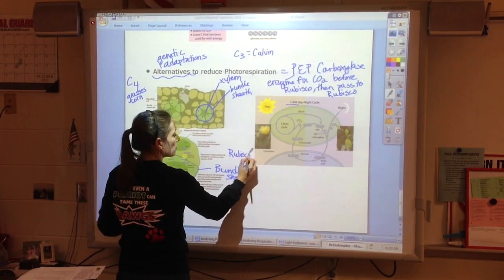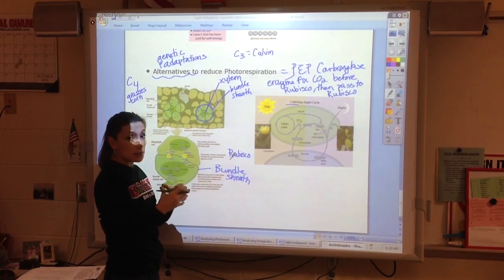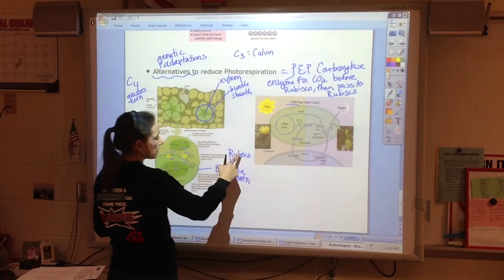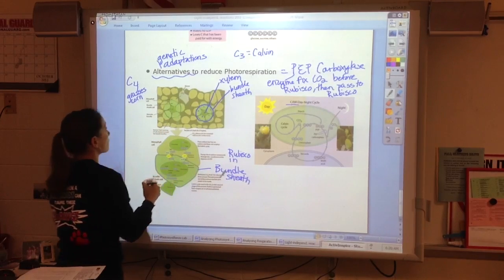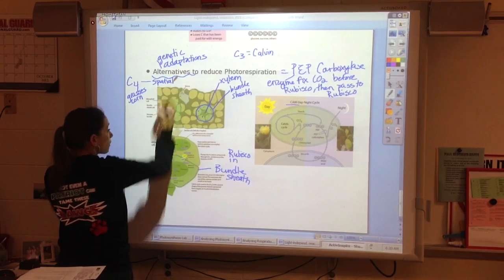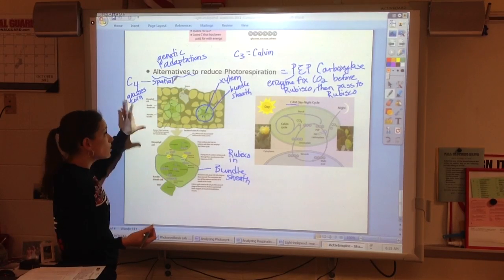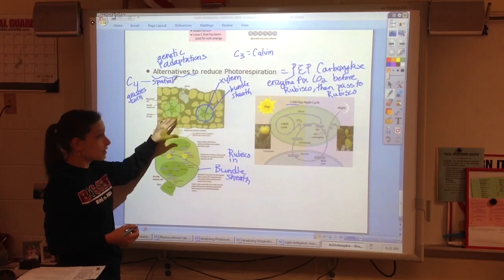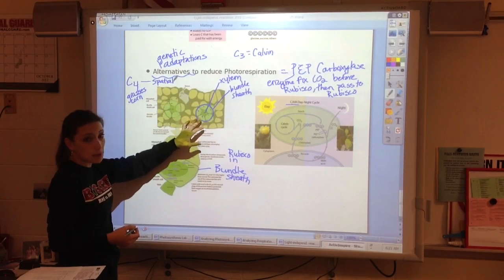So in C4 plants, rubisco is limited spatially. The location of rubisco is different. In normal C3 plants, rubisco is all here in the spongy and the palisade mesophyll.